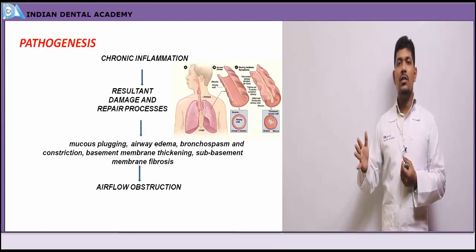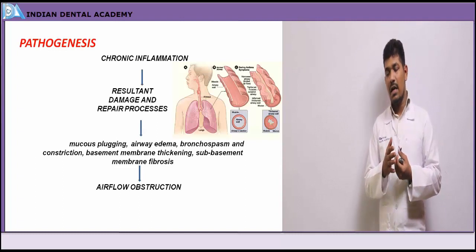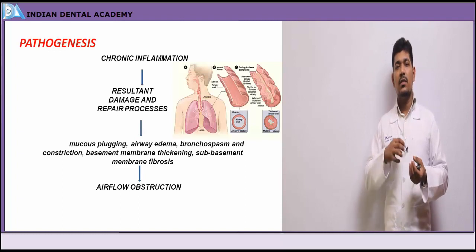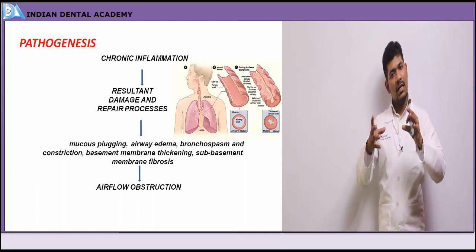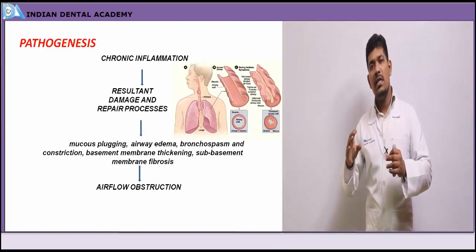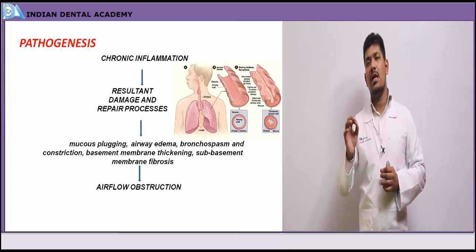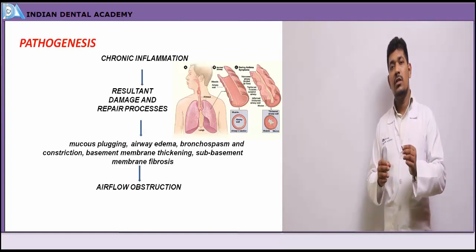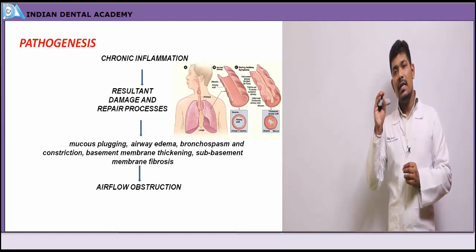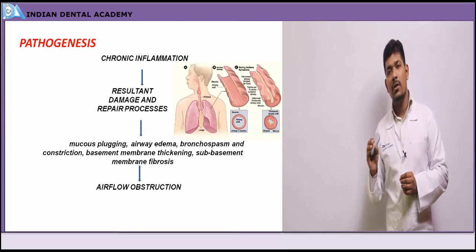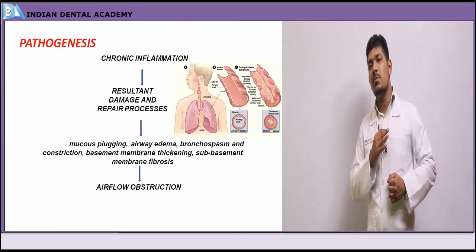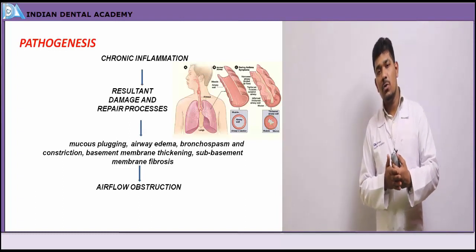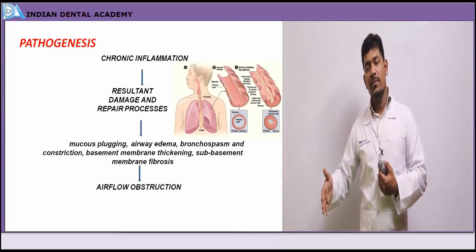This progression of fibrosis is continuous because of the recurrent nature of asthma itself. This continuous inflammation and healing gradually increases the fibrosis or scarring of the airway system, which gradually decreases the size of the lumen. So increasingly it becomes more difficult to breathe, and increasingly the episodes of asthma are more frequent.